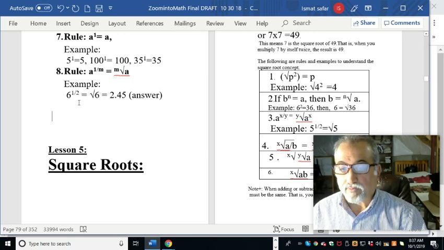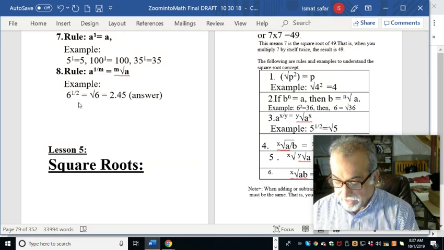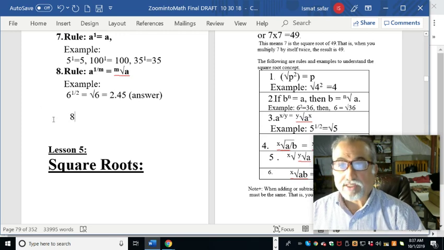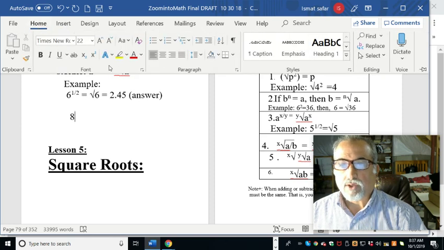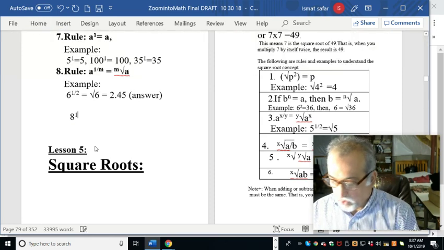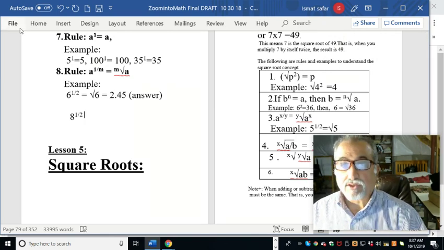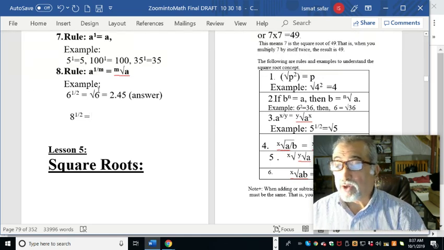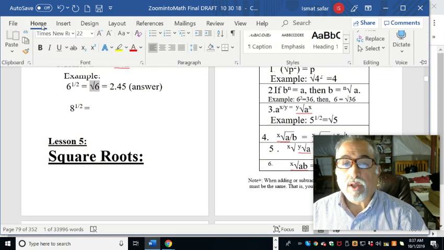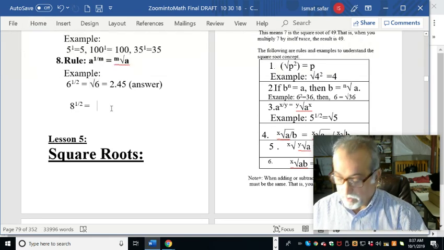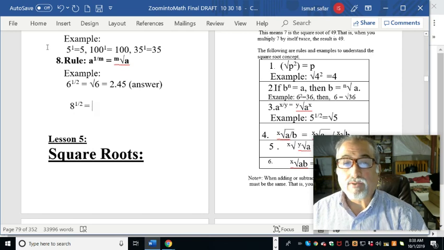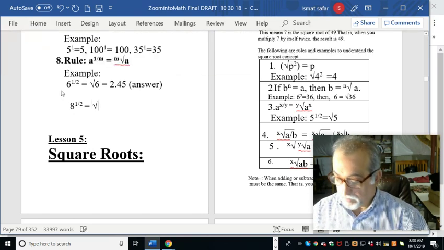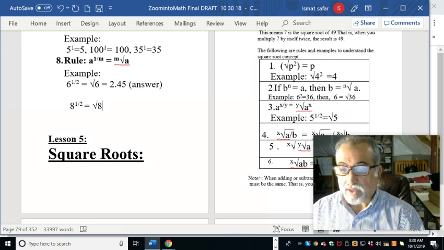If we have, let's say, 8 to the exponent 1 over 2, it becomes the square root of 8. Same thing here.